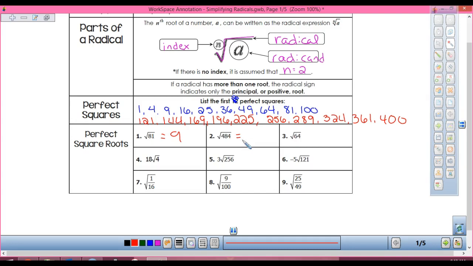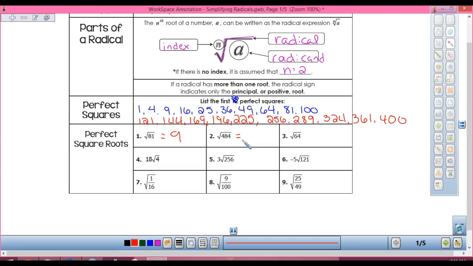I believe if you have one like this one, the TI-30X, it's going to be second and your x squared button. Same thing. What else? I think yours might be the same thing. Yep, second and x squared.